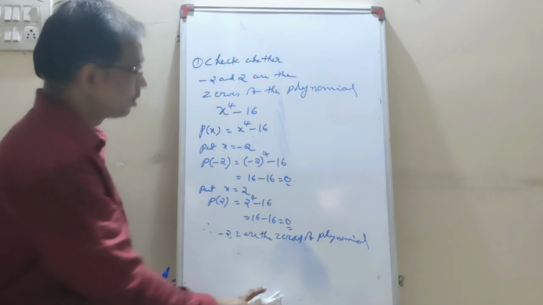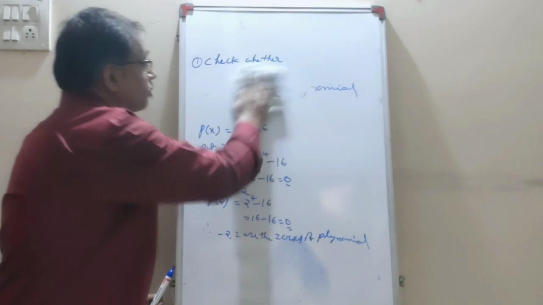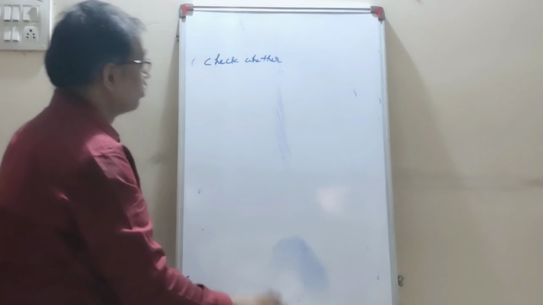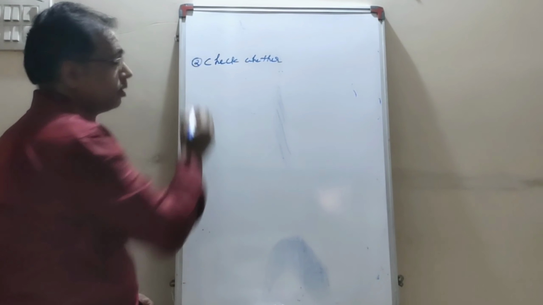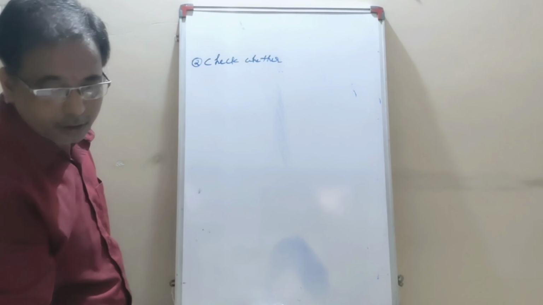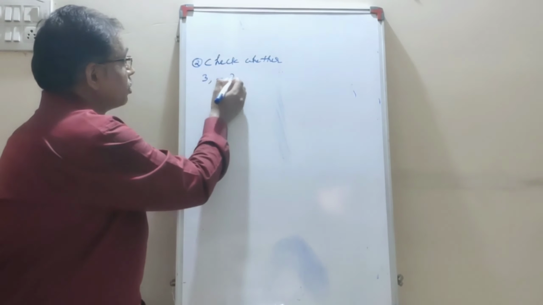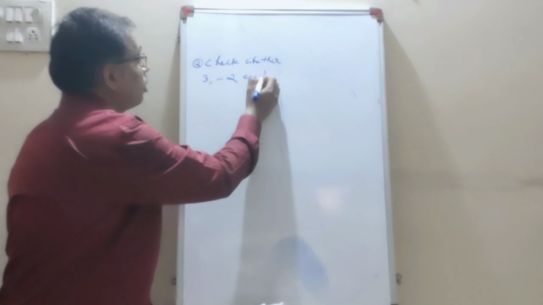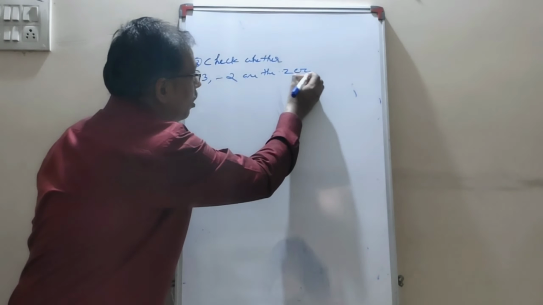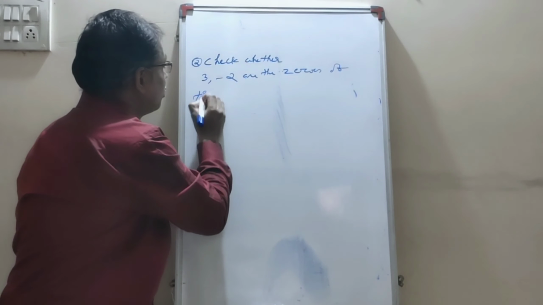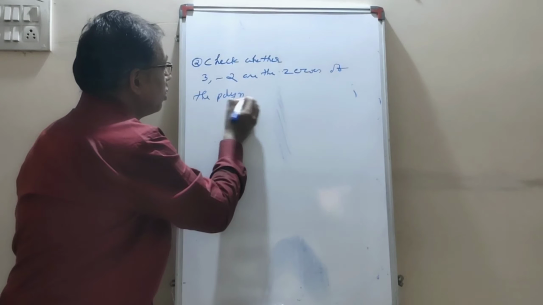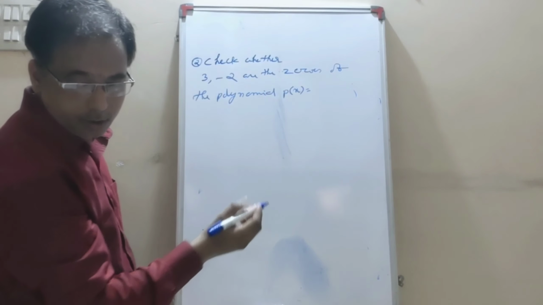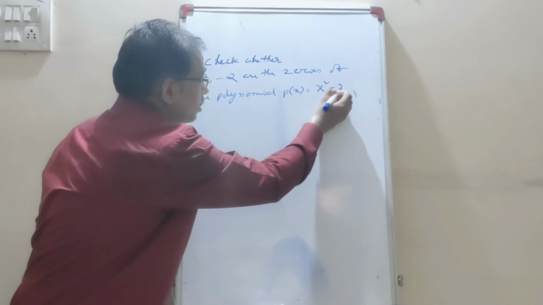Next they will ask, check whether the given 3 and minus 2 are the zeros of the polynomial p of x is equal to x square minus x minus 6.